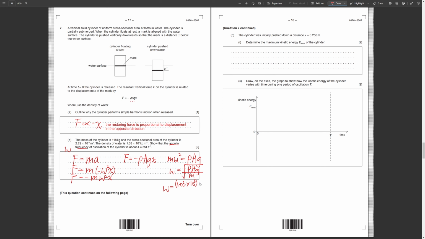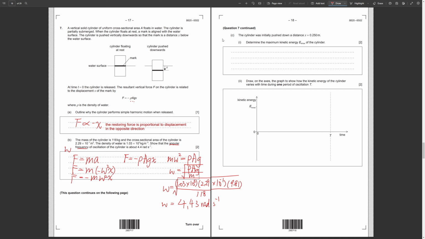It is 2.29 times 10 to the power of negative 1. g is 9.81. And then m is 118. Finally, square root. Then you will get omega as 4.43 radians per second.